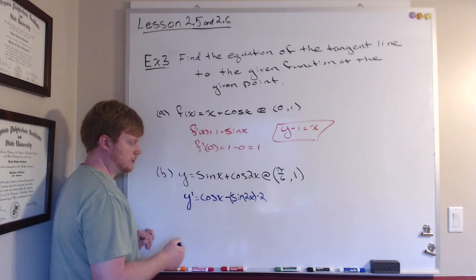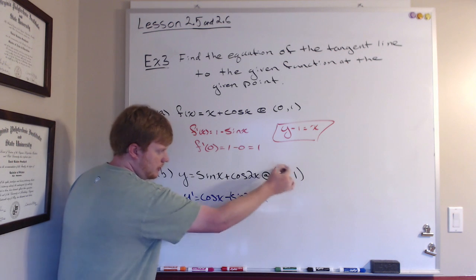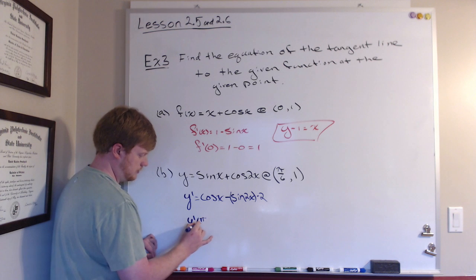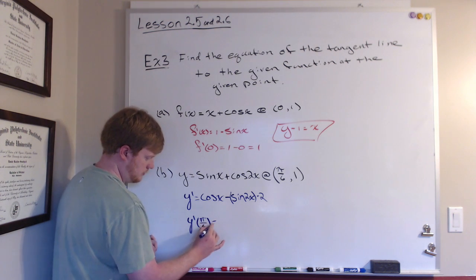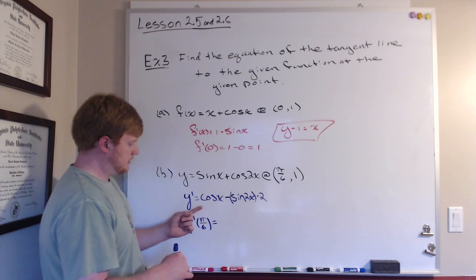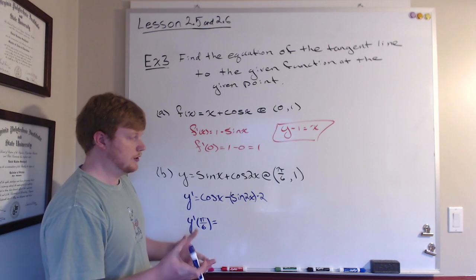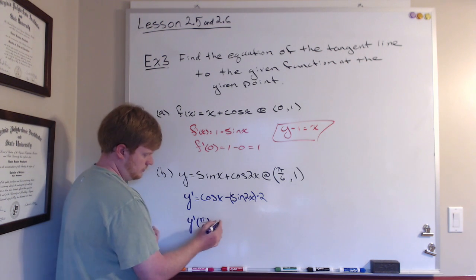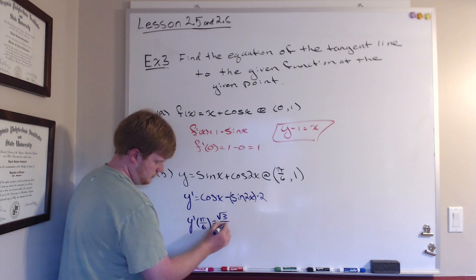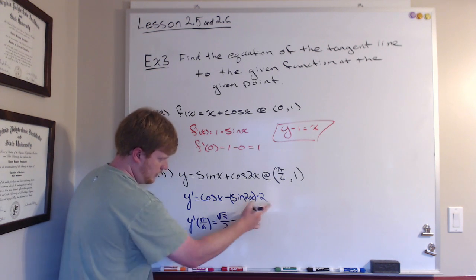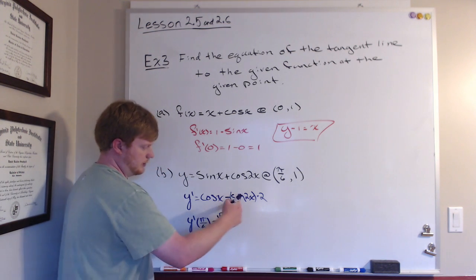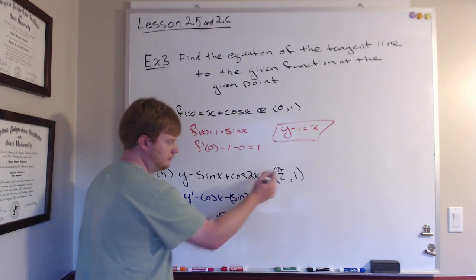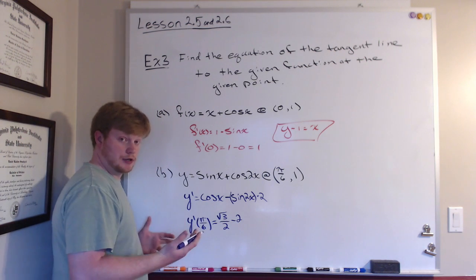Okay. Now we want to know what's the slope at this point, so I'm using that x value of pi over 6. Okay, let's see. Pi over 6 is what, 30 degrees? So the cosine would be rad 3 over 2. Minus 2 times the sine of 2 pi over 6, which is pi over 3.